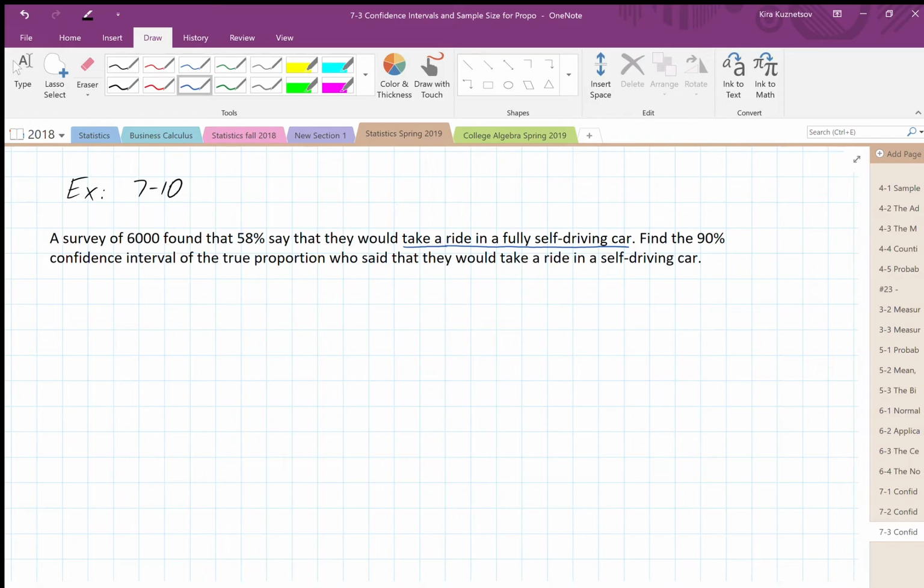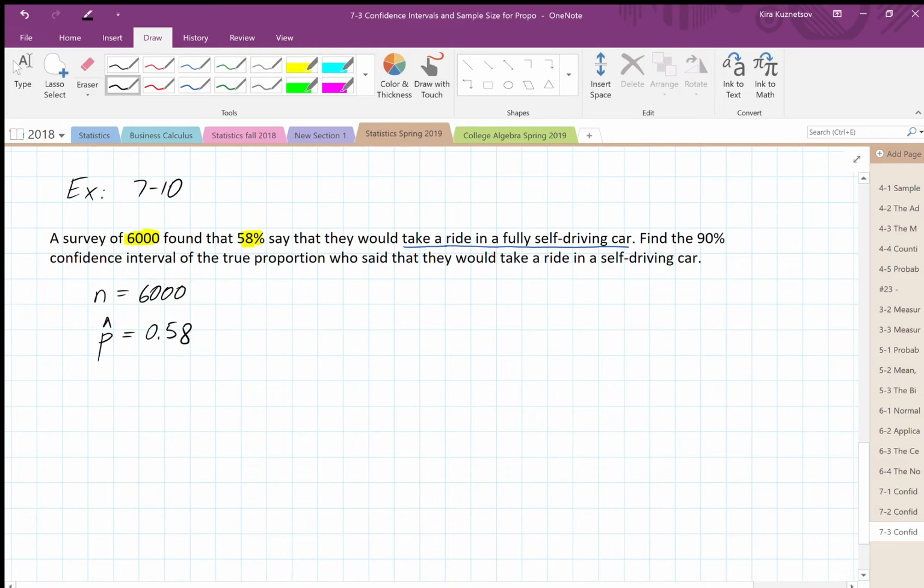The 58% and the 6,000 are the two numbers that we need to use. A survey of 6,000, meaning that I asked 6,000 people, that's my n. If I'm already given a probability of success, that's my sample. My sample said that 58% said yes.